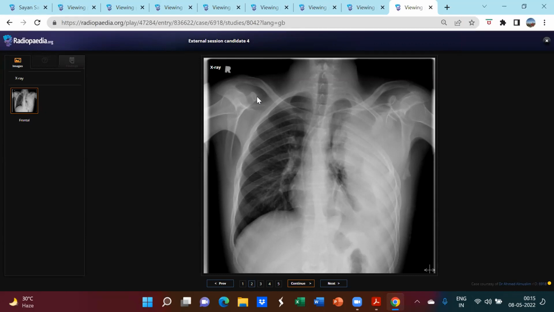We'd like to compare with the previous imaging to see if this was present in the previous images as well, and look for any change. Then the clinician tells you there was an image from say 1 or 2 months ago, and there was still some lesion, but it has probably increased in size now.